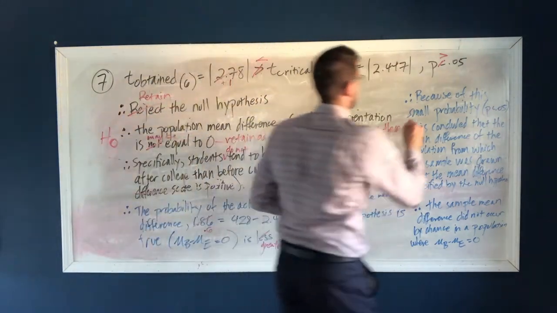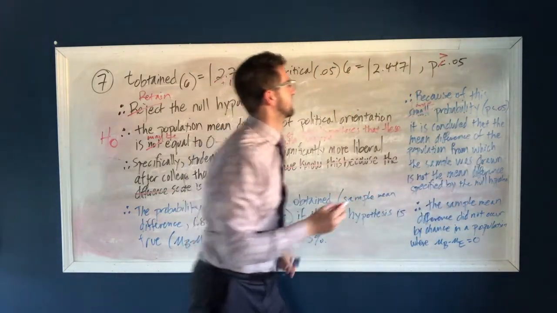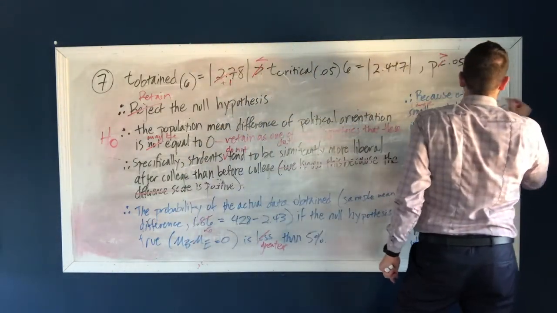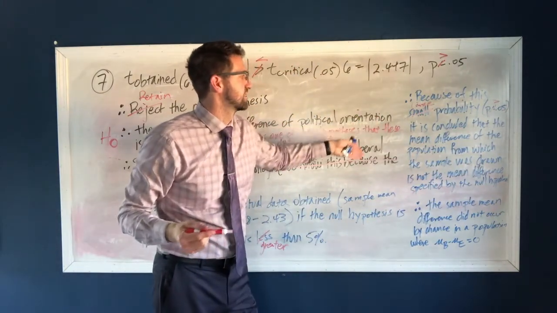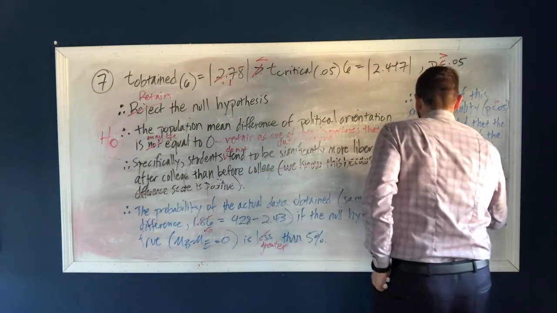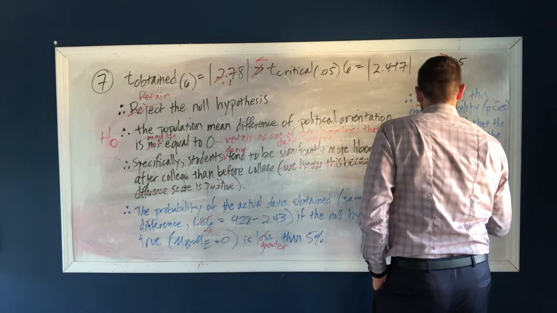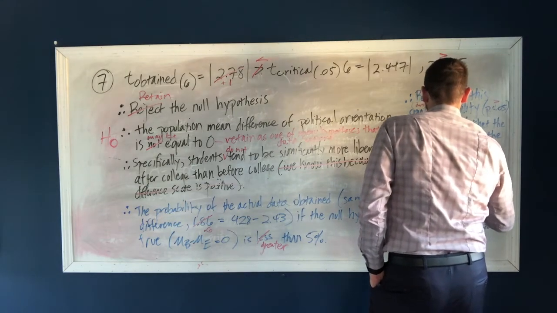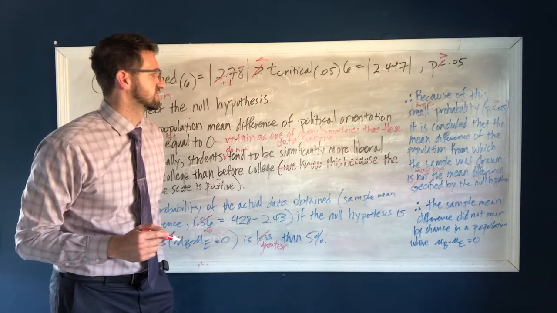Because of this large probability, p is greater than 0.05, it is concluded that the mean difference of the population from which the sample was drawn may be the mean difference specified by the null hypothesis.